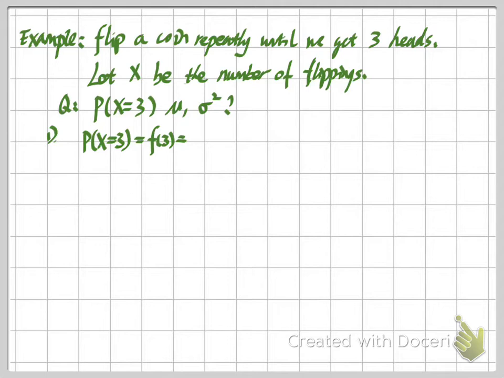By the formula, this is equal to x minus 1 choose r minus 1, which selects r minus 1 objects from x minus 1 objects without caring about the order, times (1 minus p) to the power x minus r, times p to the power r. So this is our formula.